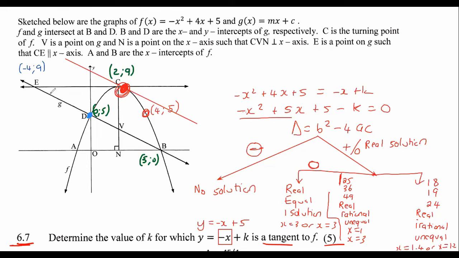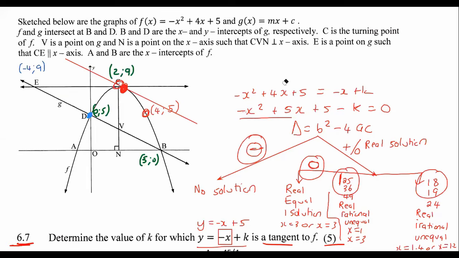If we want this line to be a tangent, then which of these do we want? Do we want the discriminant to be negative, or do we want it to be 0? Do we want it to be a perfect square, or a non-perfect square? Which one would be the most suitable for this question that we are busy with right now?